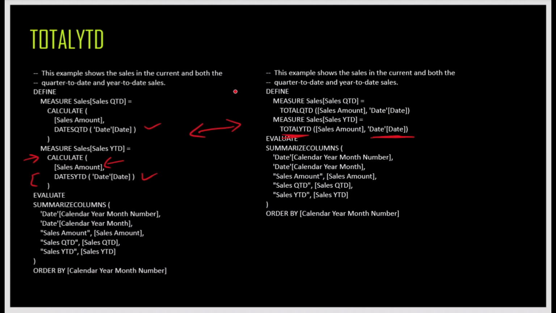And we can perform the same operation of CALCULATE and DATESQTD by using TOTALQTD here. So TOTALQTD will give the same result as using CALCULATE and DATESQTD, which we have seen previously. So this is how TOTALYTD function works, which is basically the implementation of using CALCULATE and DATESYTD function.